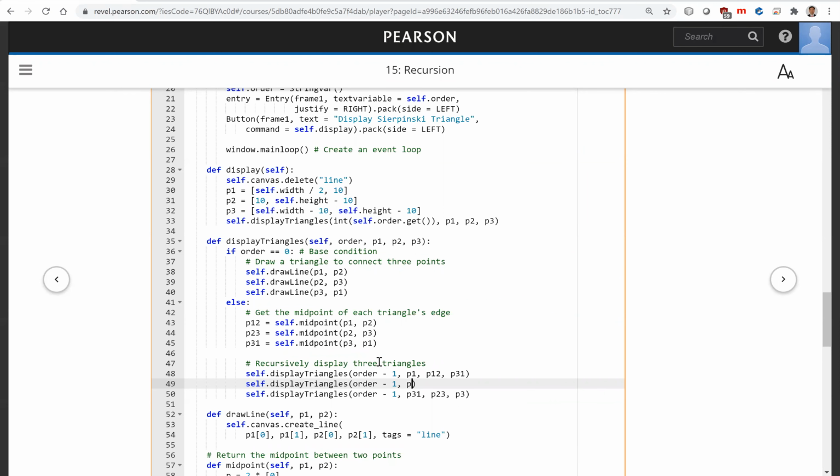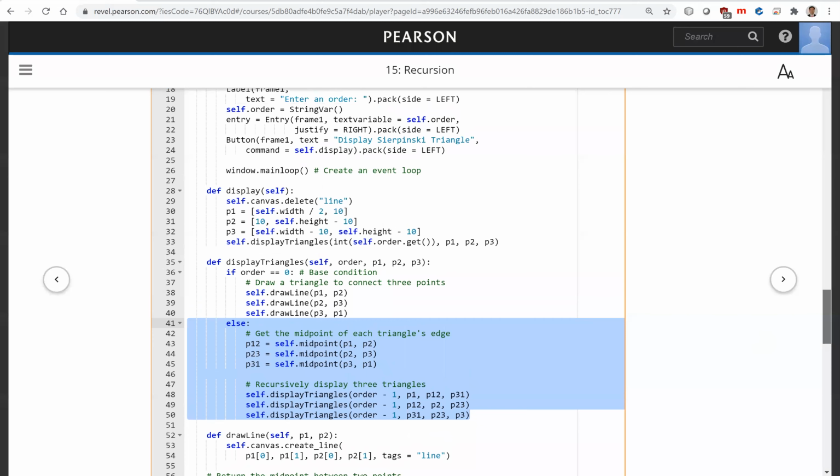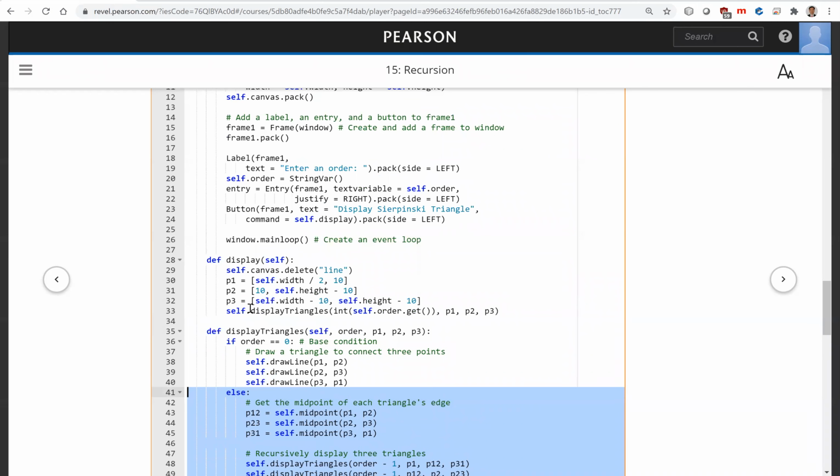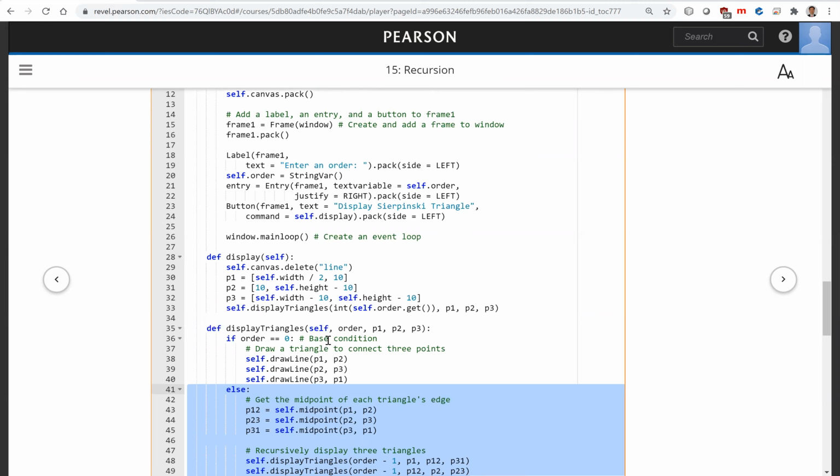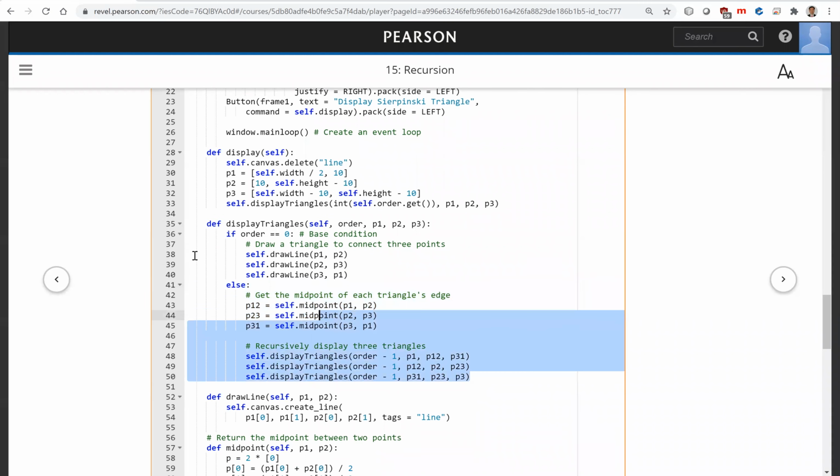The next triangle is on the lower left side, P1-2, P2, and P2-3. And the last one is P3-1, P2-3, and P3. So the key is this recursive method. See how you implement this recursive method right here.